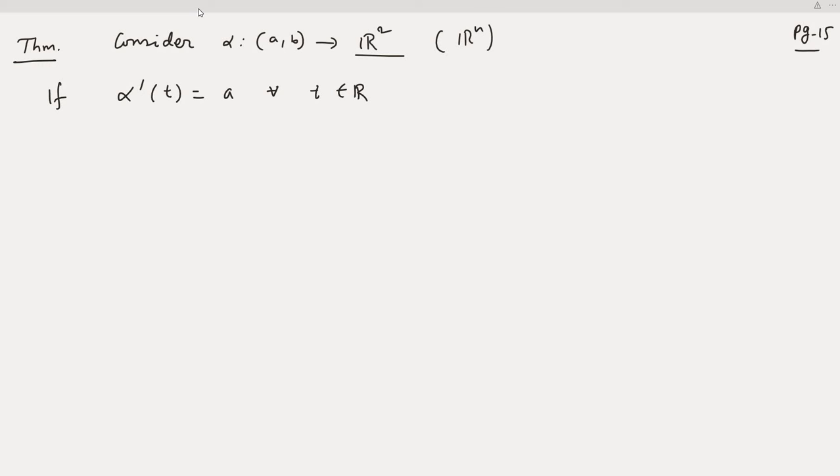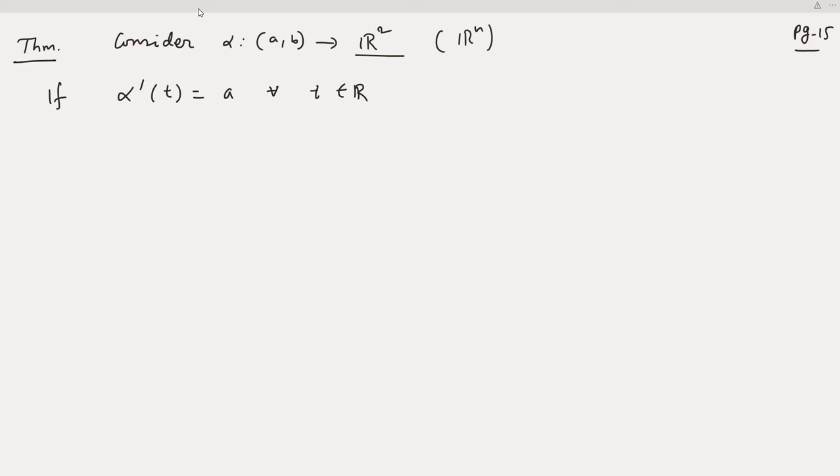Conversely, if alpha prime of t equals some constant a for all t belongs to R, instead of R2 you can take Rn, and it will work similarly.